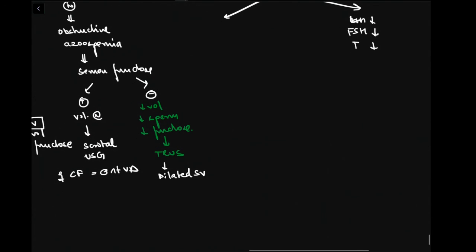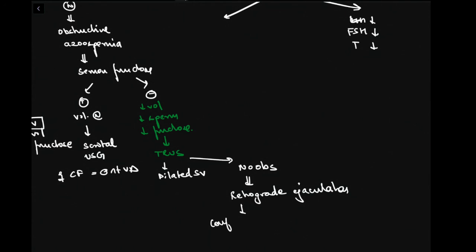Now, if on TRUS there is no dilatation of the seminal vesicles or no signs of obstruction, this implies that there is retrograde ejaculation, right? And to confirm, we will do a post-ejaculate urine analysis.